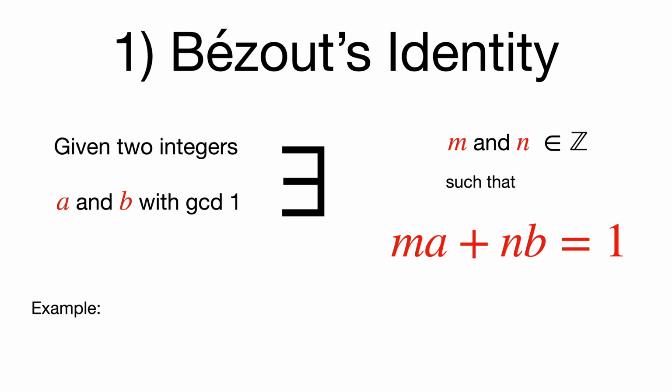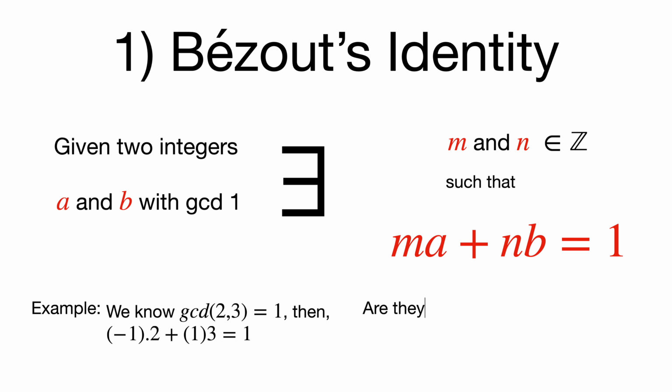For example, the GCD of 2 and 3 is equal to 1, so we can find m equal to -1 and n equal to 1, and after this operation, -1 into 2 plus 1 into 3, we get the answer as 1. So these are the values m and n. Now the question arises, are these values of m and n unique?